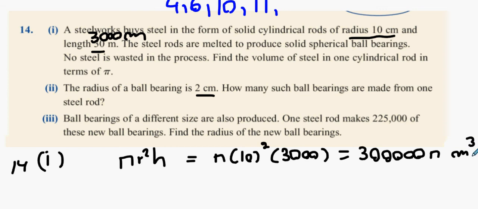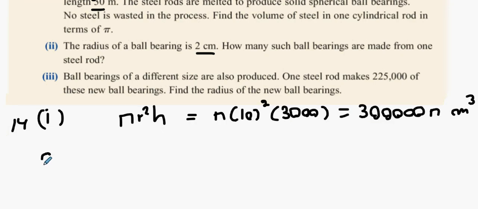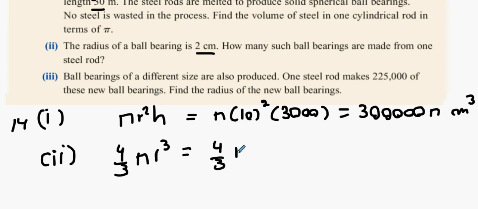We're going to melt this steel down and make a bunch of ball bearings of it. Do you got that? Well, we're going to find out the size of one ball bearing. What shape is the ball bearings? So, 4 over 3 pi r cubed, and what does that equal? 4 over 3 pi times radius 2 cubed.